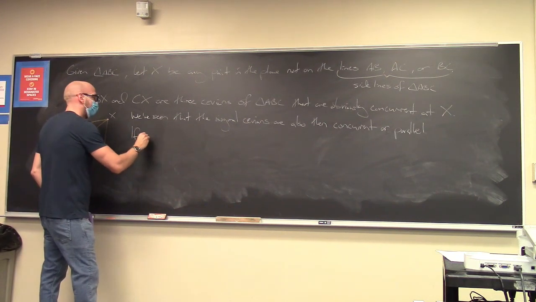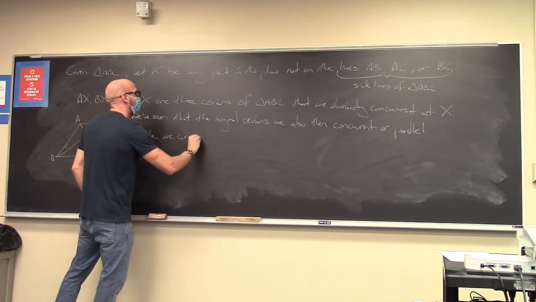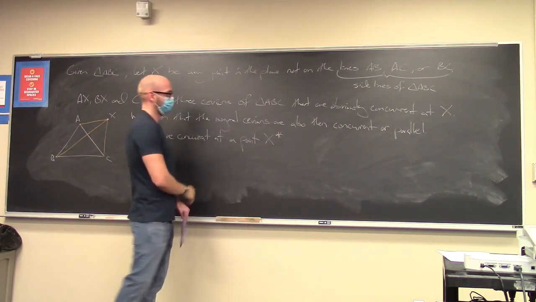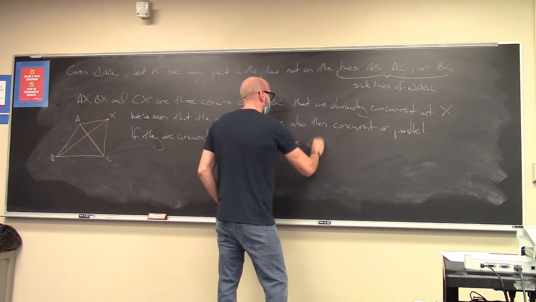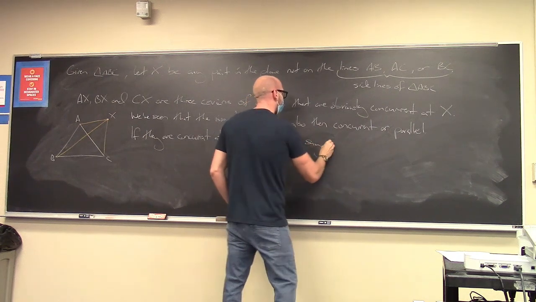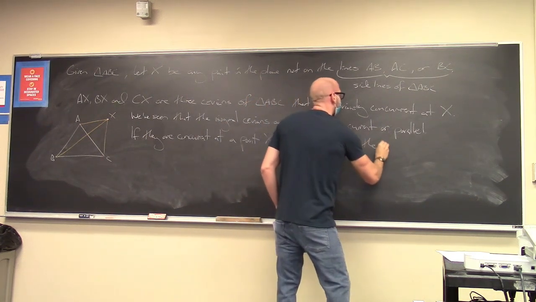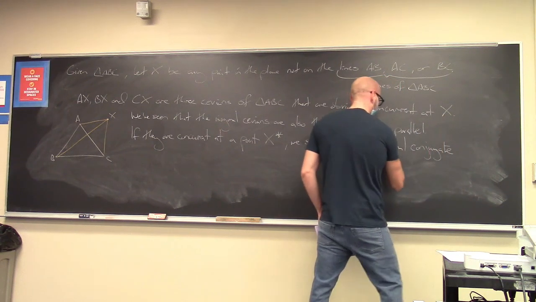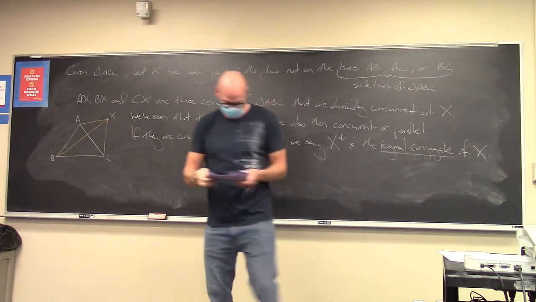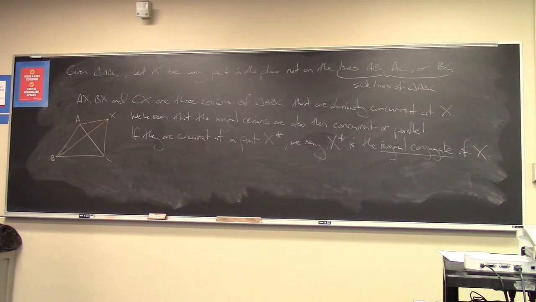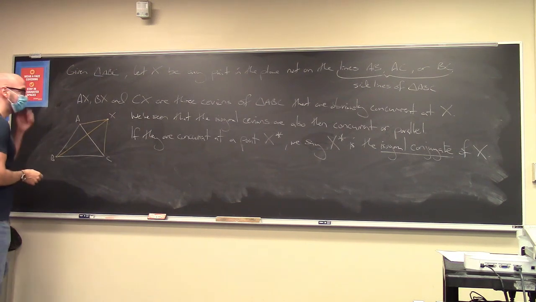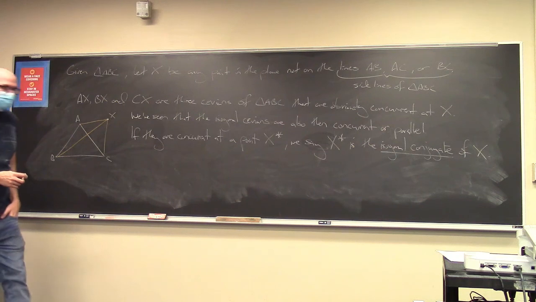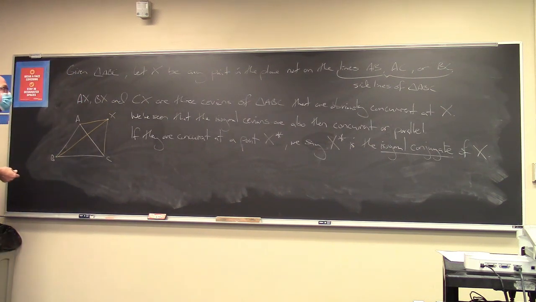But if they are concurrent at a point, say you call that point X star, we say X star is the isogonal conjugate of X. So this is the definition of isogonal conjugates.